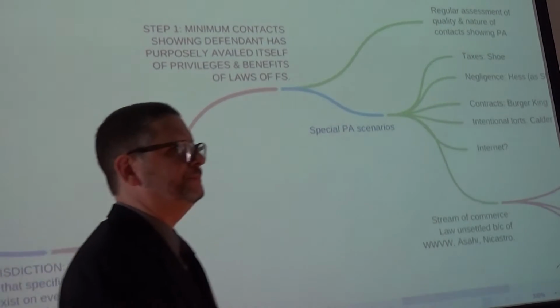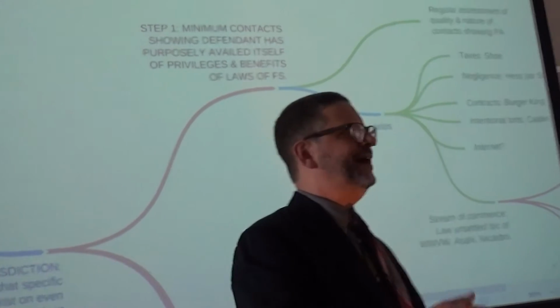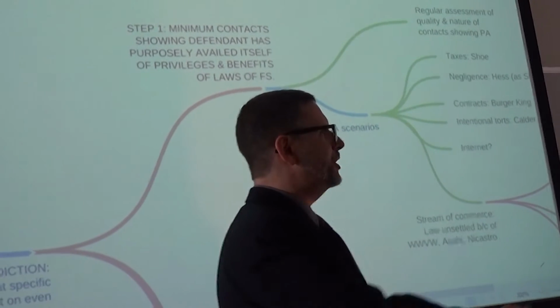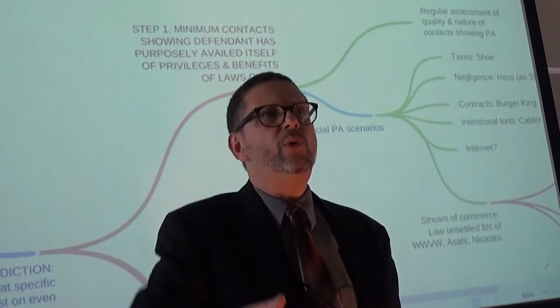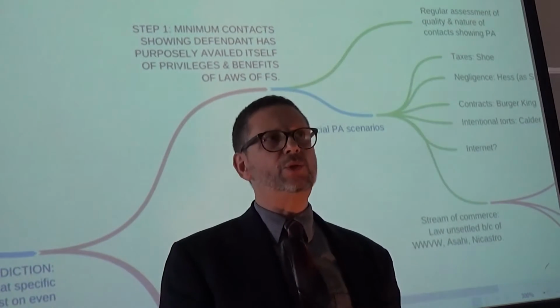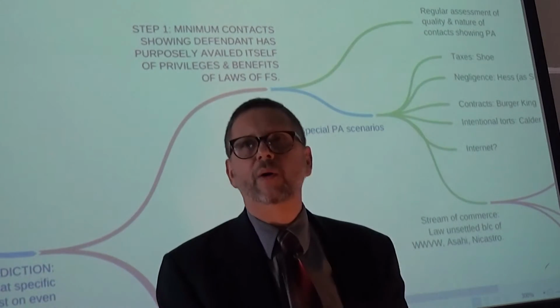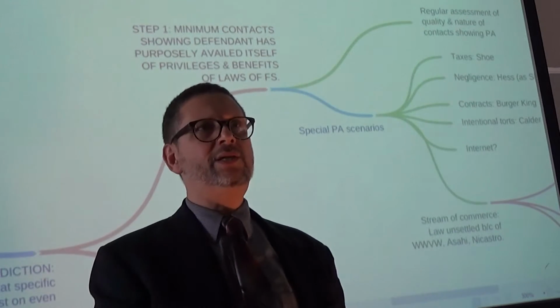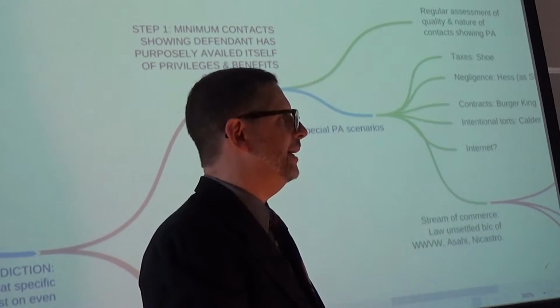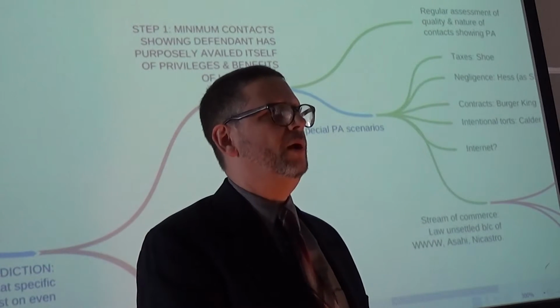purposeful availment. In other words, the defendant, himself or herself or itself, has made purposeful, intentional contacts with the state. Now, this is important. Sometimes people say that these contacts have to be singular and isolated, or they have to be systematic and continuous, and those are both wrong. Okay?